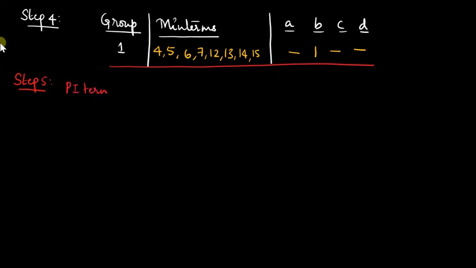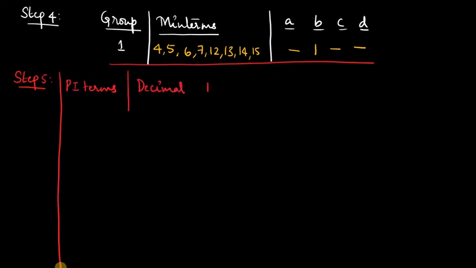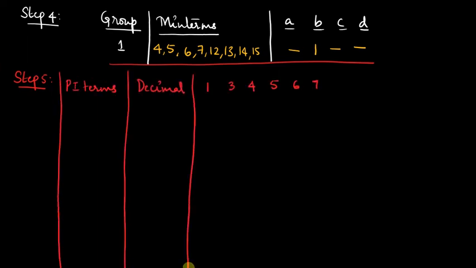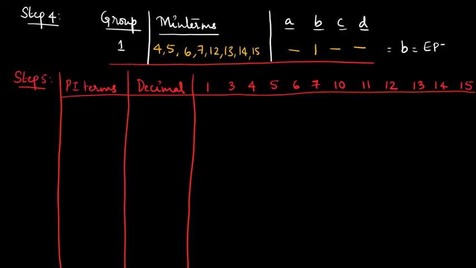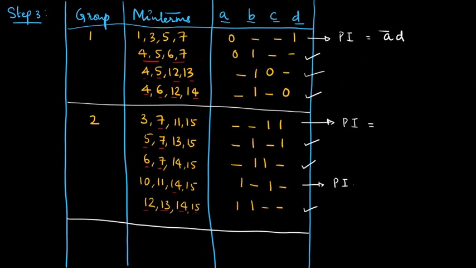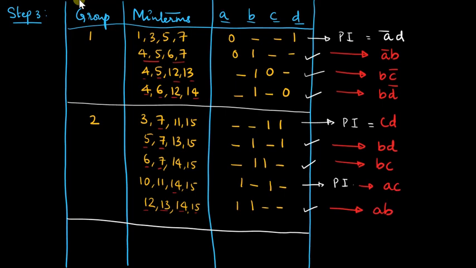In step 4 you yield only group 1, because almost all the minterms are covered in step 3. So I have the prime implicant A bar D, another prime implicant CD, and another prime implicant AC.